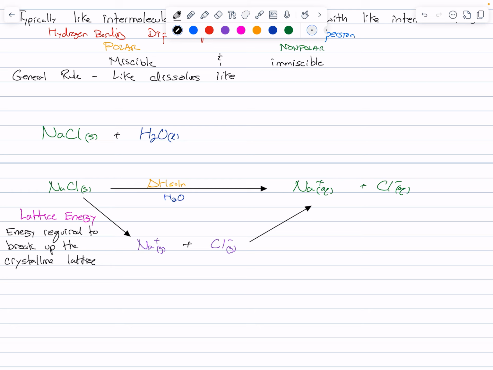So when sodium chloride gets in its crystal structure, energy is released. It's more stable, and so to break it up requires some energy to pull those sodium ions and chloride ions apart. But then, over here, you have the solvation energy, which is the energy released when the ions are solvated.